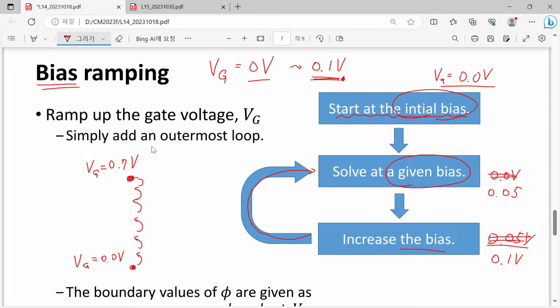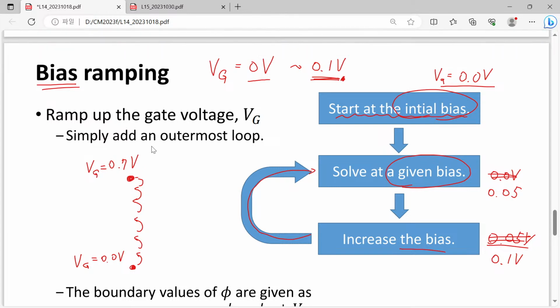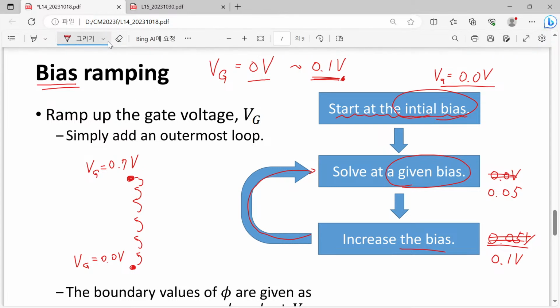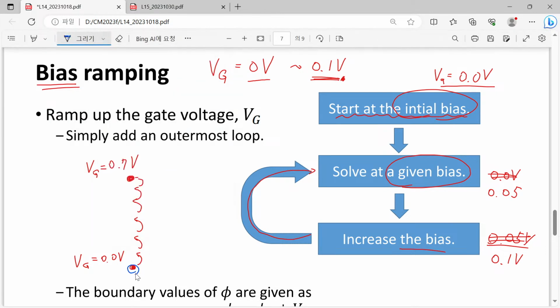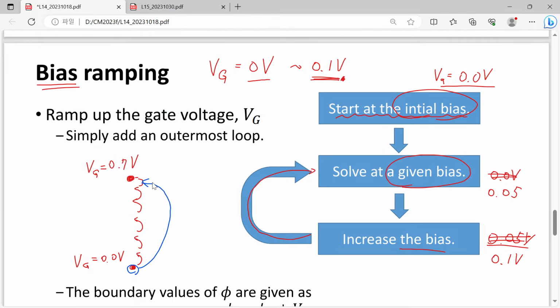Are you all with me? If you are ambitious, another approach would be to jump to 0.7 volt, or even more, and start directly from 0.7 volt.